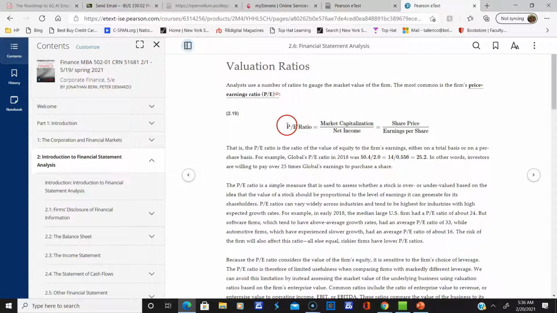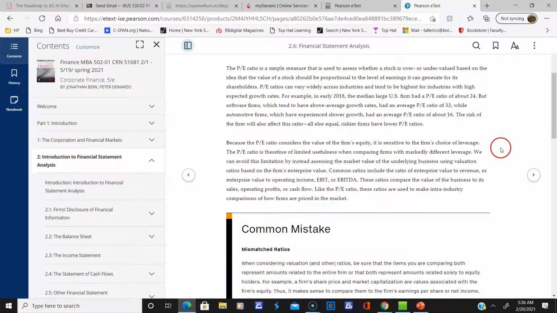All right, so these are the ones you're familiar with most likely. PE ratio from newspapers and everything. It's the share price, the current share price that you would find in the newspapers, over the earnings per share, which would be on the very bottom of the income statement. And here's the numbers right here, right?